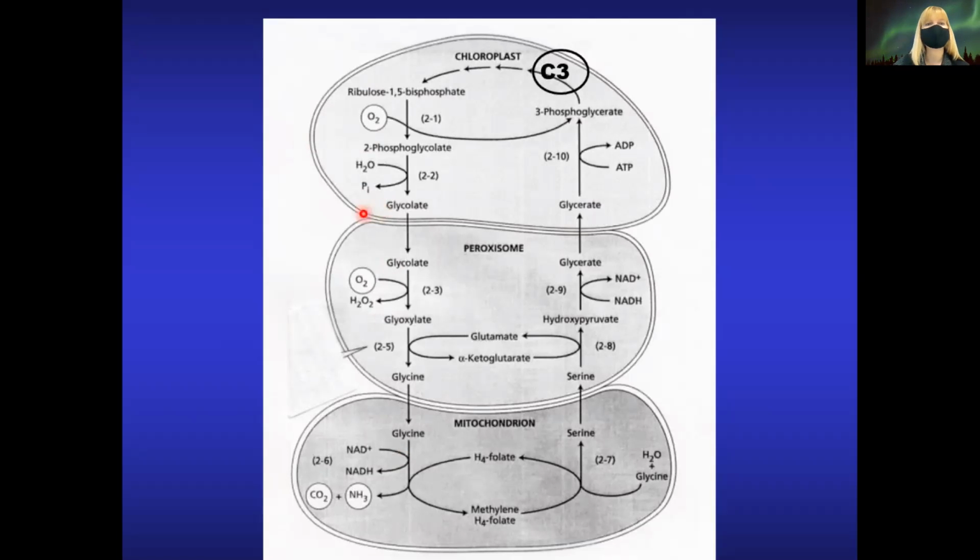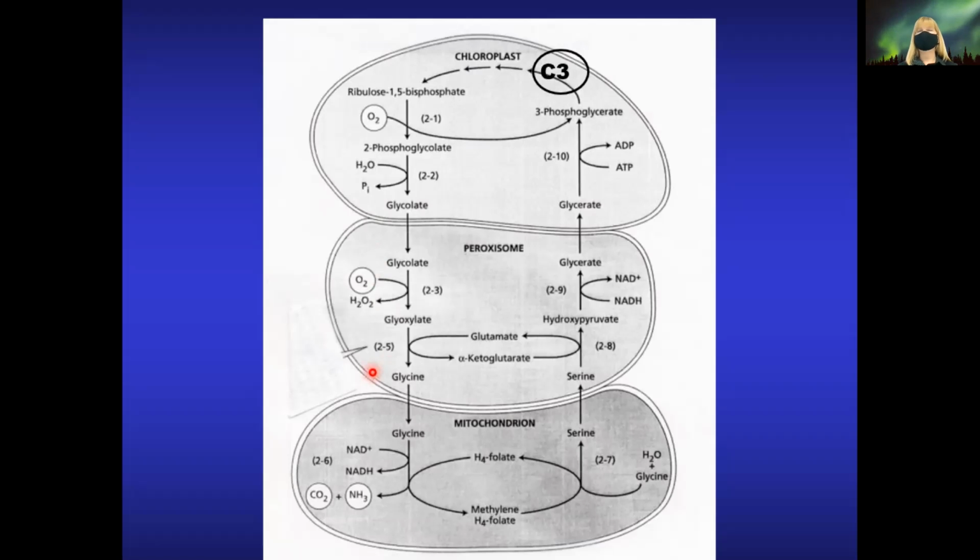All right, so in this case, we see that phosphoglycolate reacts and you get glycolate. So I will ask you, what's leaving the chloroplast and getting into the next organelle? You would have to know glycolate is the one that's going into the peroxisome next. And then you see a series of reactions, but eventually that glycolate is converted to glycine. So that's what I want you to know.